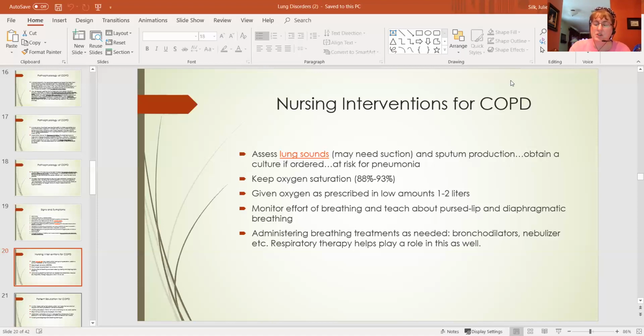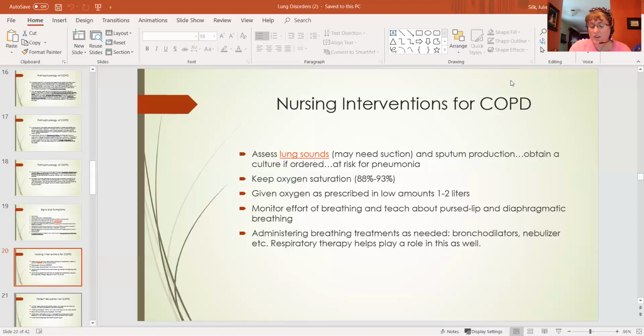Because these guys have such a hard time with inflammation, if they are admitted to the hospital for an exacerbation, they may put them on a short-term dose of corticosteroids to help with that inflammation. And then I do want to mention two other drugs that are specific to COPD.